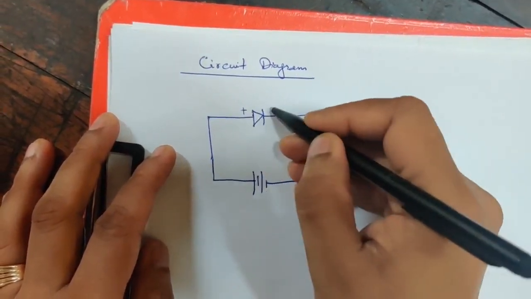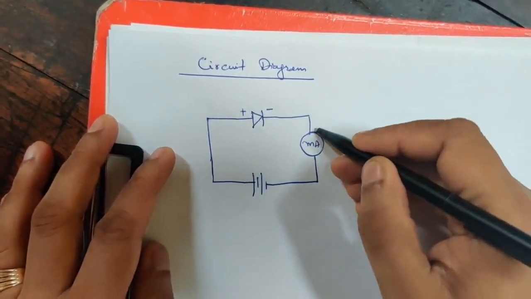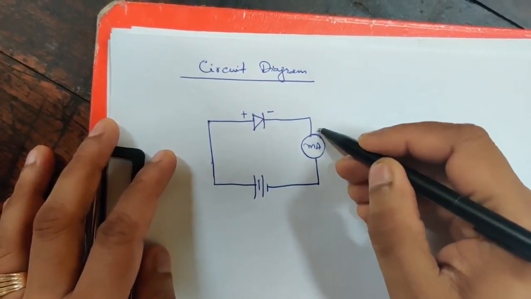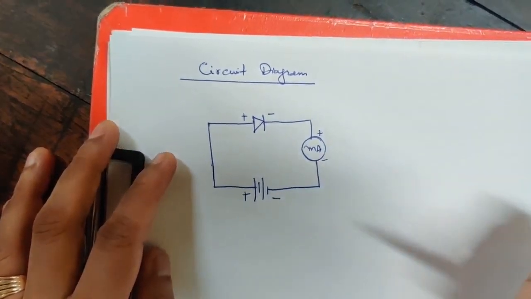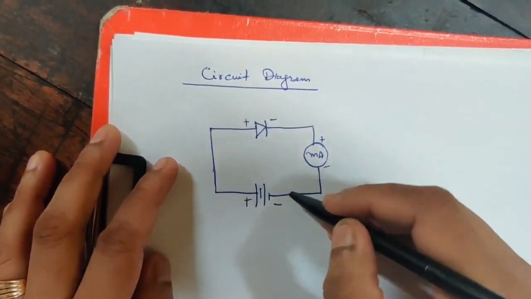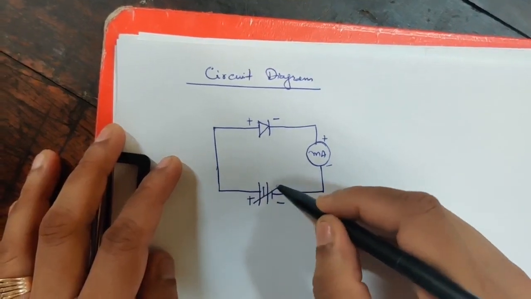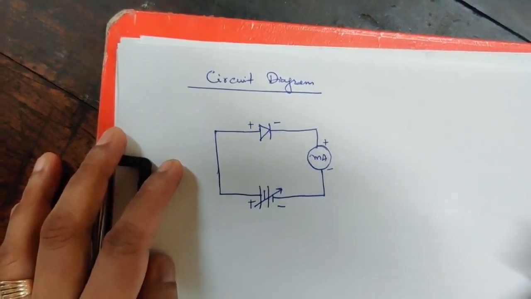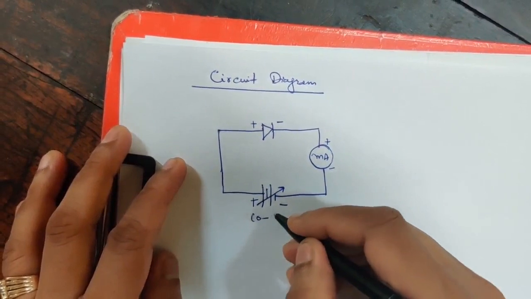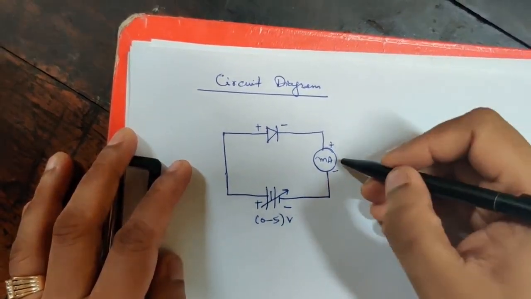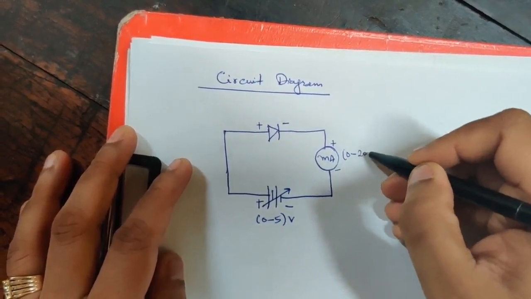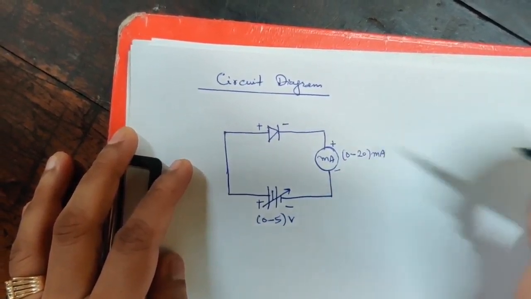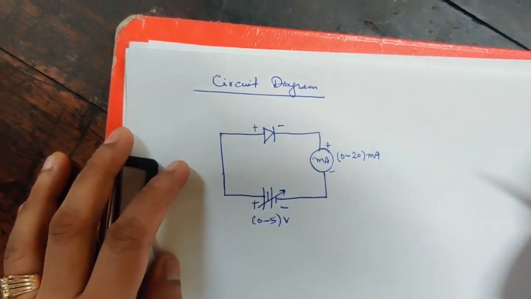This is positive, this is negative, and this again is positive and negative. And remember that here I am using a variable battery, which varies from 0 to 5 volt, and here the milliammeter ideally varies from 0 to 20 milliampere.